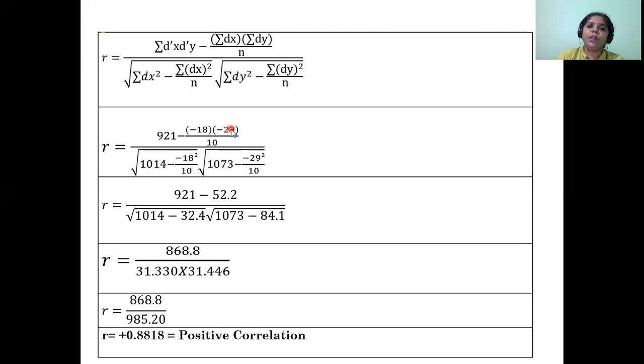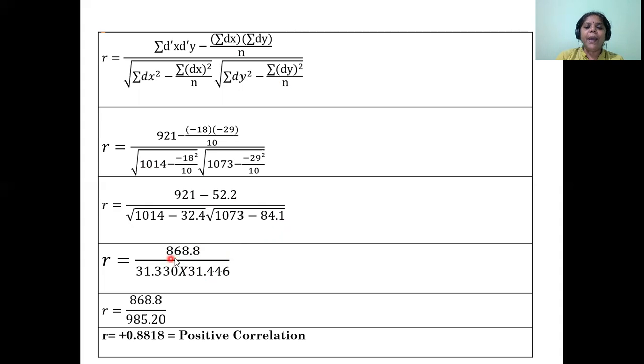You will get 18 into 29 divided by 10, you will get 52.2. 52.2 divided by 1014 minus 18 into 18 divided by 10, you will get 32.4. Into root of 1073 minus 29 into 29 divided by 10, it will be 84.1. So now the next step is 921 minus 52.2.